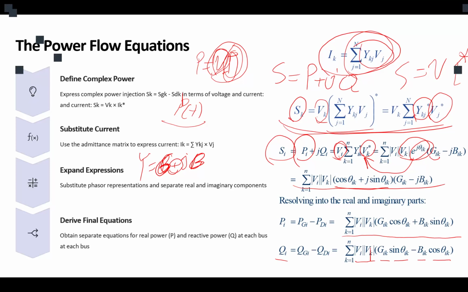Are we clear? So we have the power flow equations: how power flows from each bus to the other one. Any question about that?